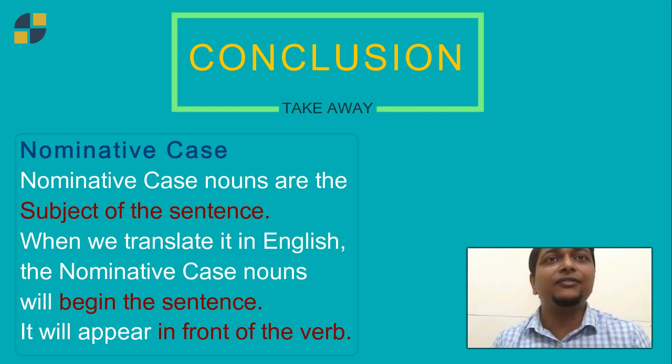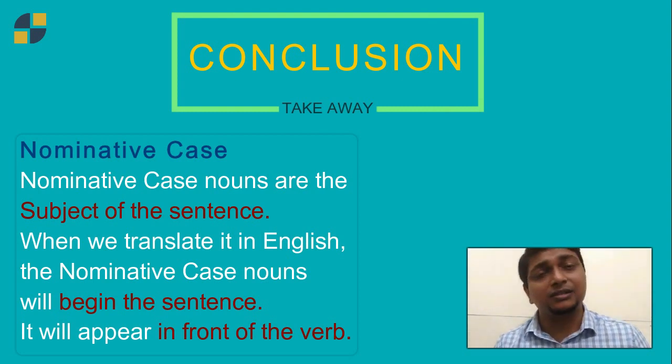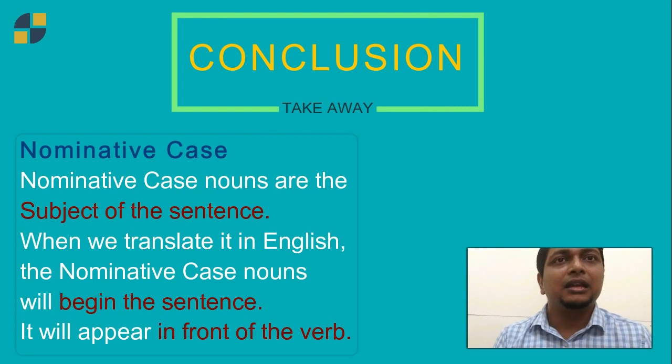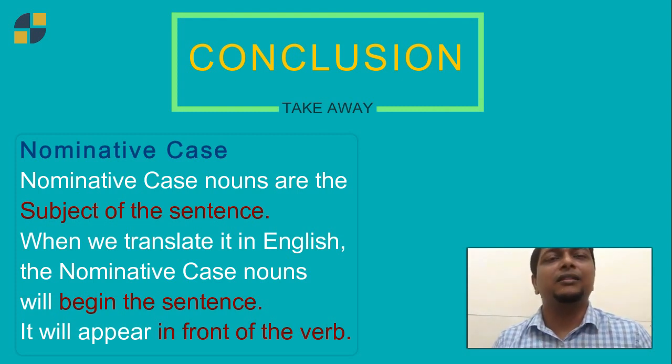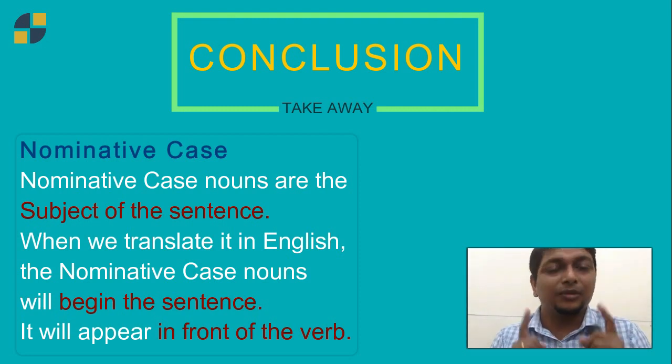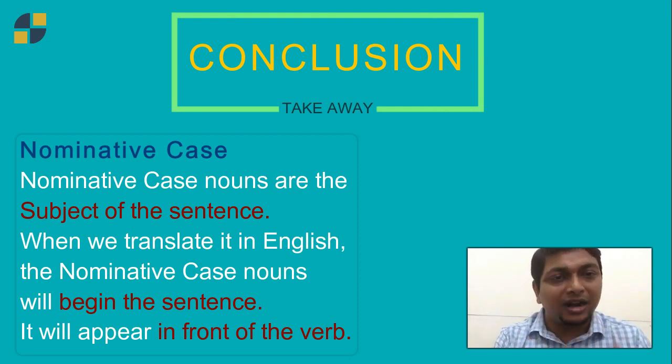Nominative case nouns are the subject of the sentence, and it will begin the sentence when translated in English. It will appear in front of the verb. Another clue: it will always appear in front of the verb.